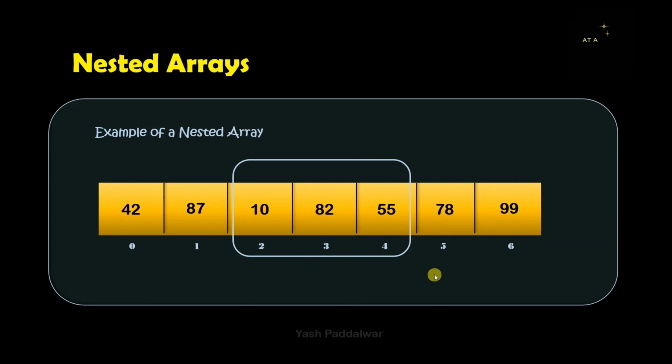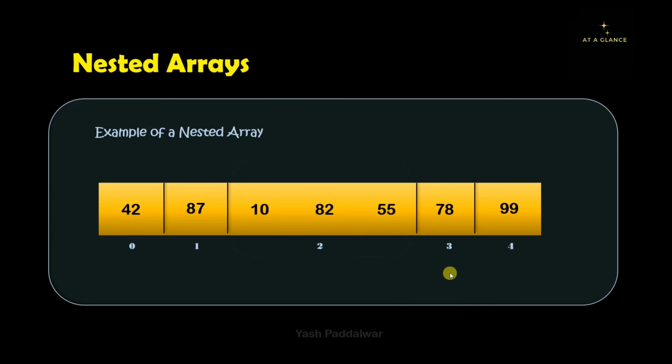Now what if we remove these 3 separations? You can see that we have removed the separations. And now let's club all these 3 indices into a single location. So after combining all these 3 indices into a single location, we can clearly see that these 3 elements are now located at a single location.